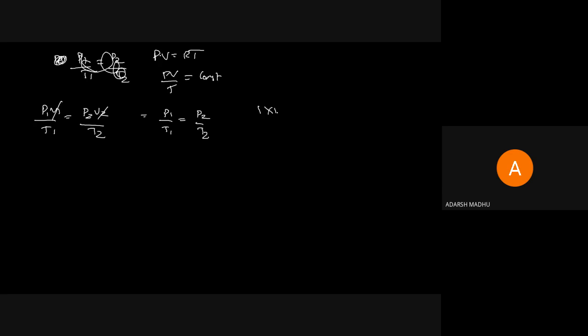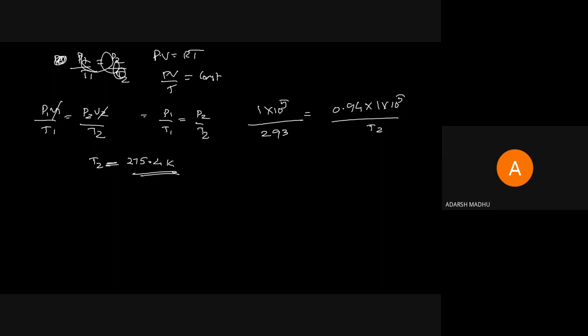That is 1 into 10 power 5 divided by T1, which is 293 Kelvin, equal to 0.94 into 1 into 10 power 5 by T2. By solving this, we can find the value of T2. You will get 275.4 Kelvin.